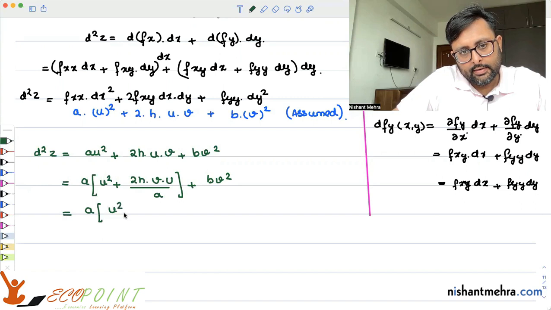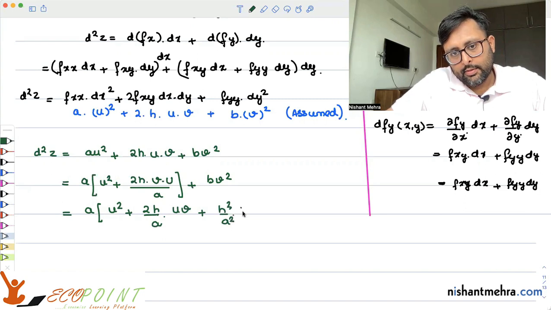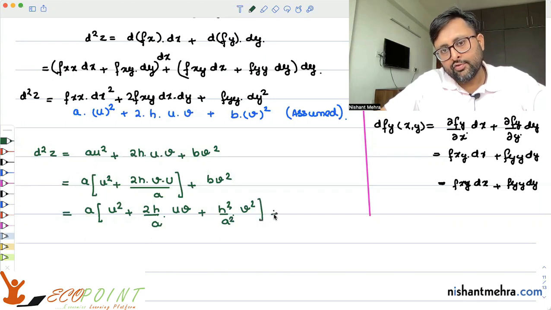Yes, I can: u squared plus 2h upon a uv plus h squared upon a squared v squared. So what I have done is I have just added and subtracted h squared upon a squared v squared. This is what I have done.